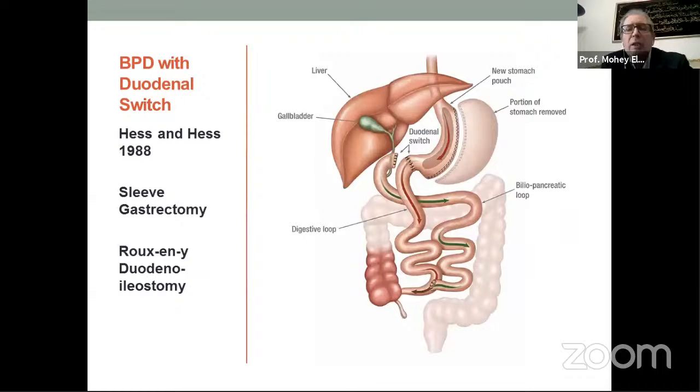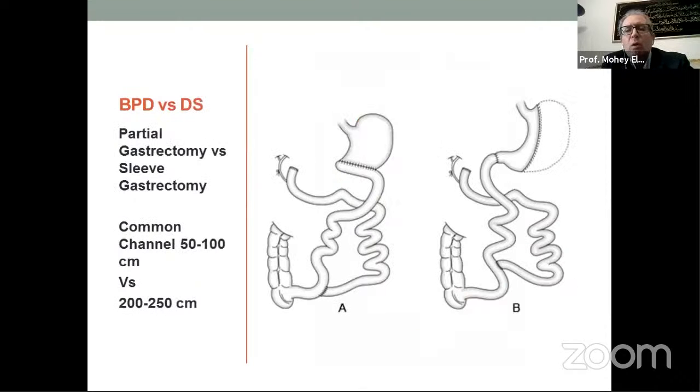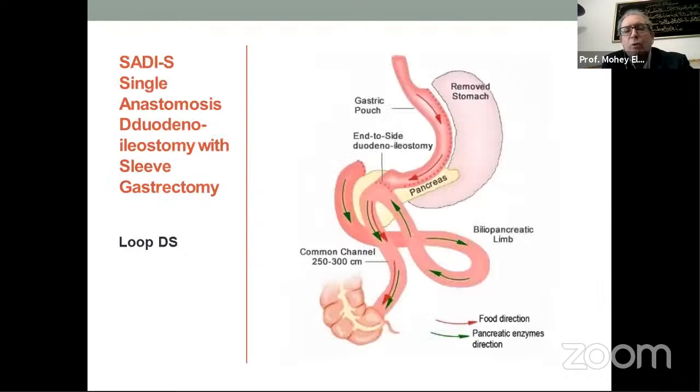Hess in the United States in 1988 suggested doing a sleeve gastrectomy. That was the first sleeve gastrectomy to be performed, but it's a wide sleeve gastrectomy. And then they perform a Roux-en-Y duodeno-ileostomy with a common channel of around 2 meters. These are the differences between both operations. They are complex operations, so they are not performed in Egypt because they need specialized centers for follow-up of the patients.